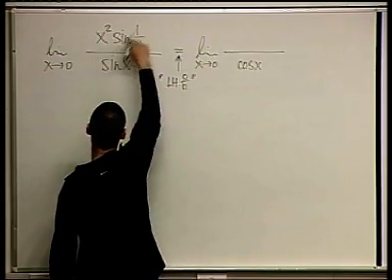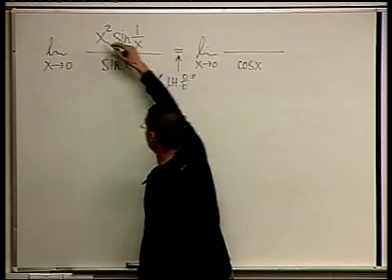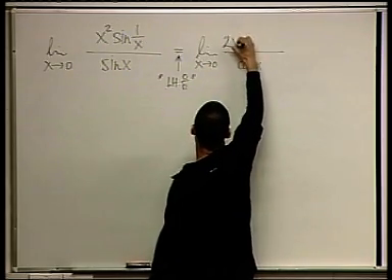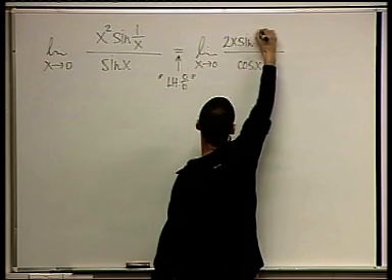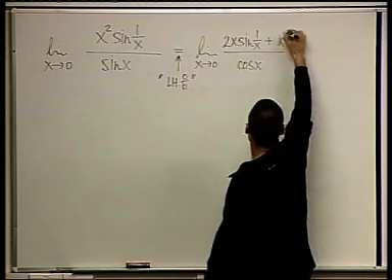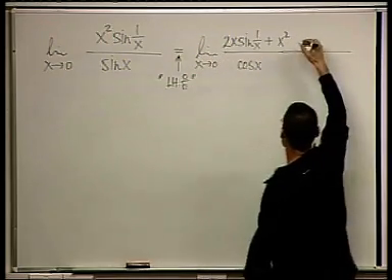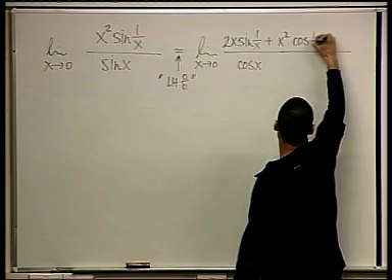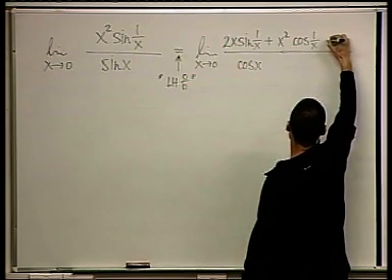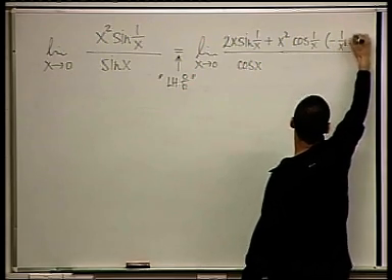So there's a product and there's a chain rule hidden here. So it's the derivative of this, 2x times sine of 1 over x, plus x squared untouched, and now the derivative of sine of 1 over x, which is cosine of 1 over x, times the inner derivative, which is negative 1 over x squared.